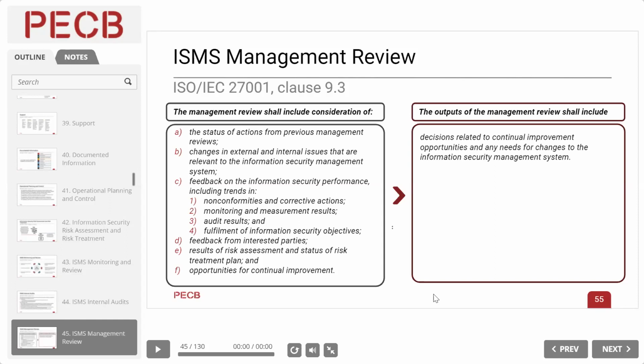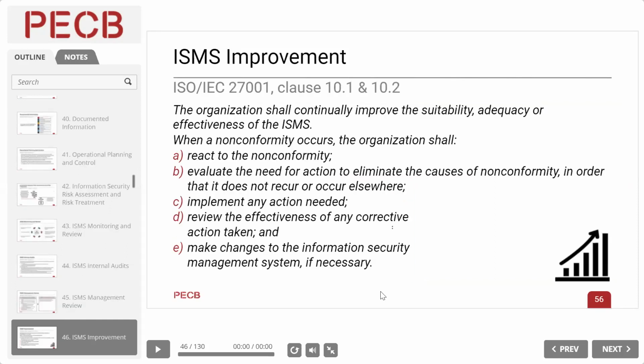Then C, feedback on the information security performance, including trends in non-conformities and corrective action. So we need to look at are we identifying non-conformities, and how are we undertaking our corrective action?